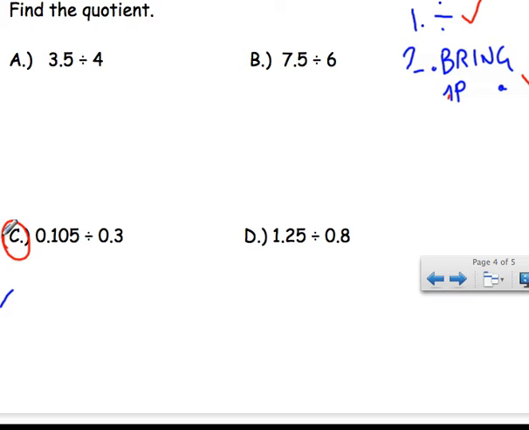So my first step is still to divide, but I'm going to set up division with 0.105 divided by 0.3. Before I divide though, I need to add a step 0.